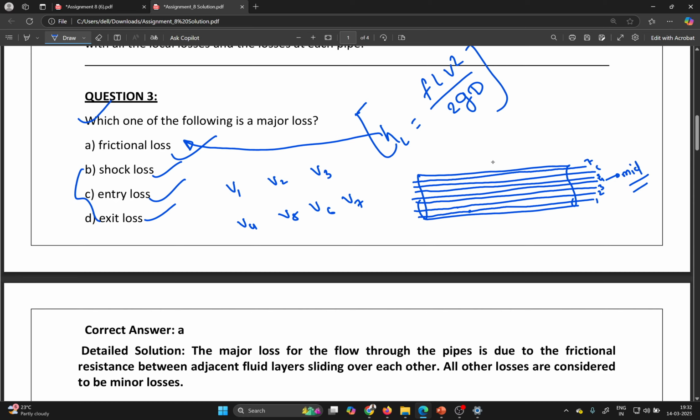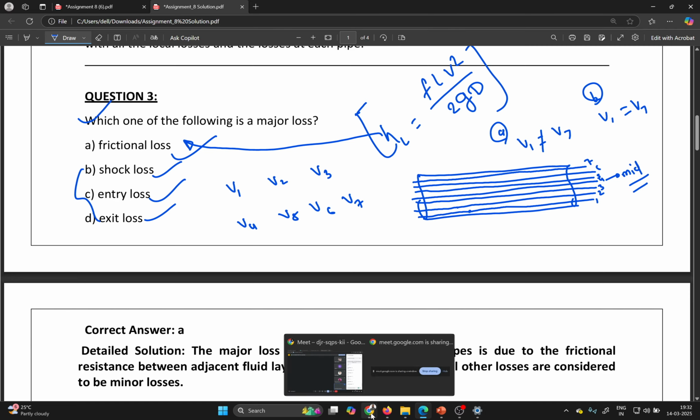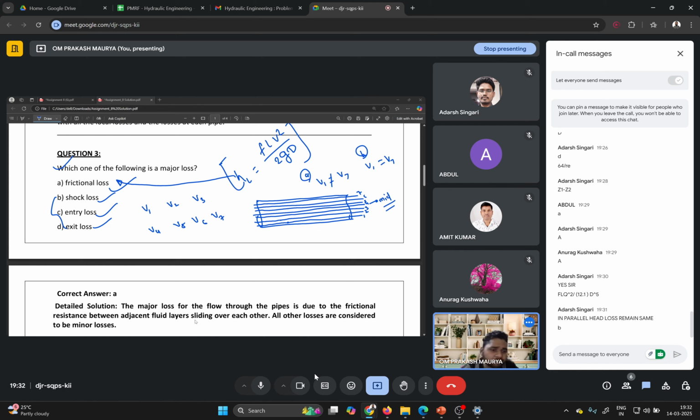V1 and V7, V1 is equal to V7. Which option will be correct if this is A and this is B? Please tell me, then I'll tell you one concept here.